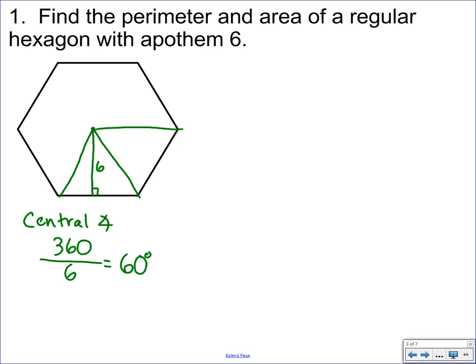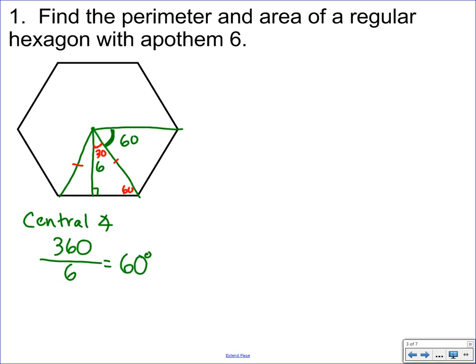So if I were to draw it in, this whole angle is 60. If I'm just looking at this small triangle here, because all of the radii of our regular polygon are congruent, that angle there is 30. So I have a 30, 60, 90 triangle. And we're going to be doing a lot of these, so make sure you understand this one.